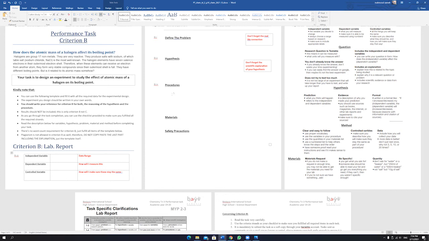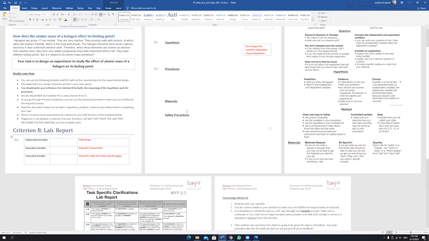However, those are the main points that should be included in your procedures. And the materials are just things that you have used, the instruments that you have used in your procedures. They also have to be detailed. If you used a paper and pencil, you should write that you have used a paper and pencil to record your data, for example. So please don't forget to be detailed in both these points.